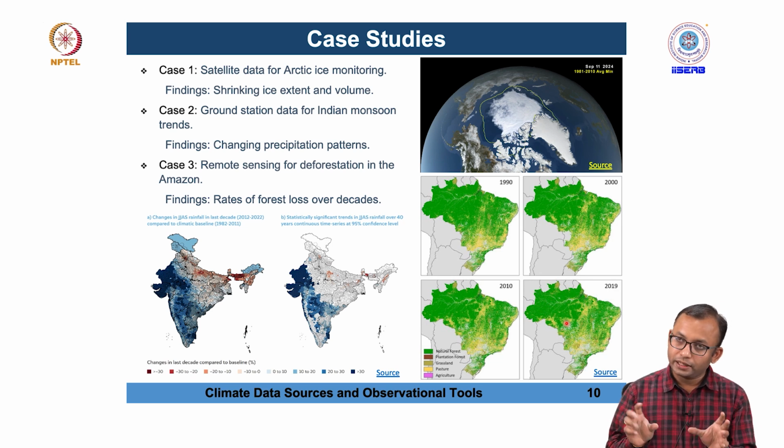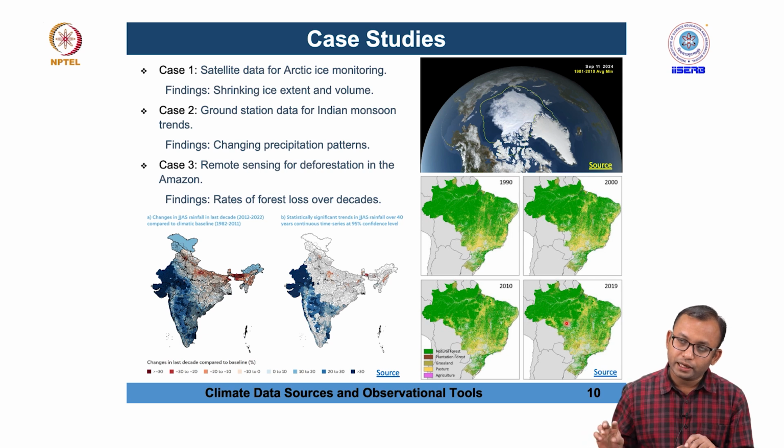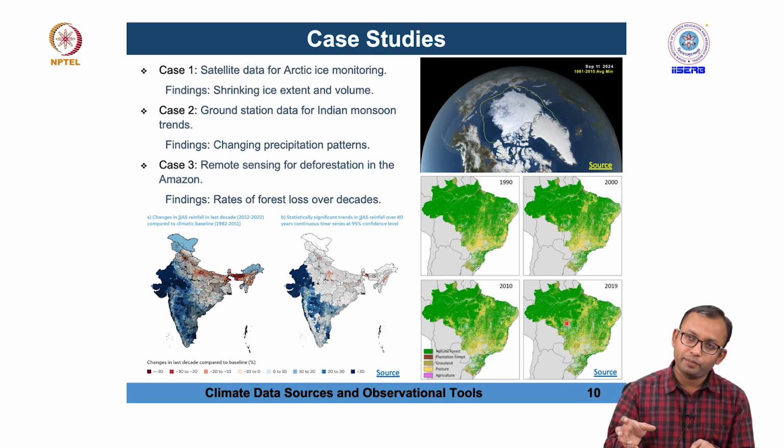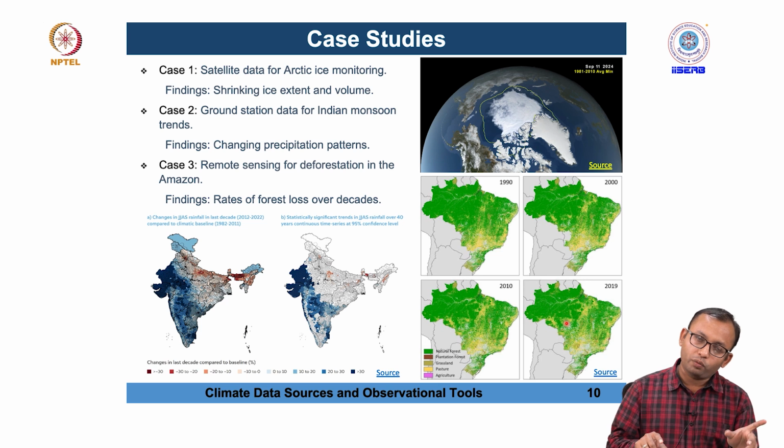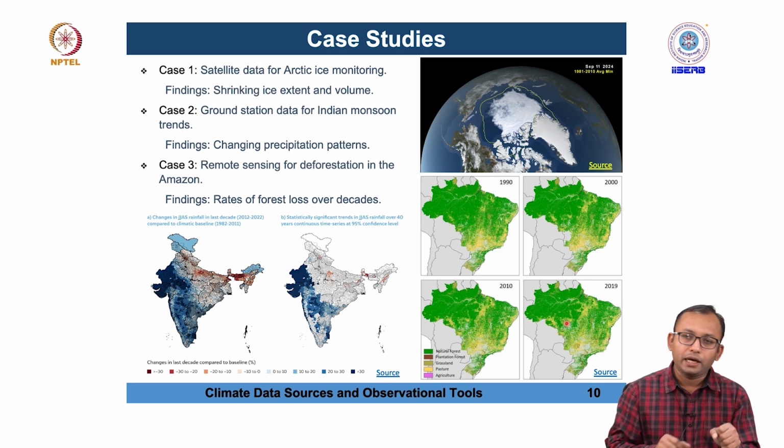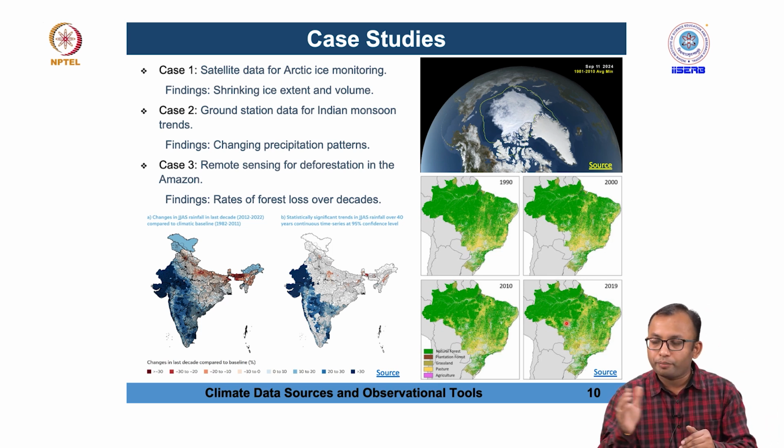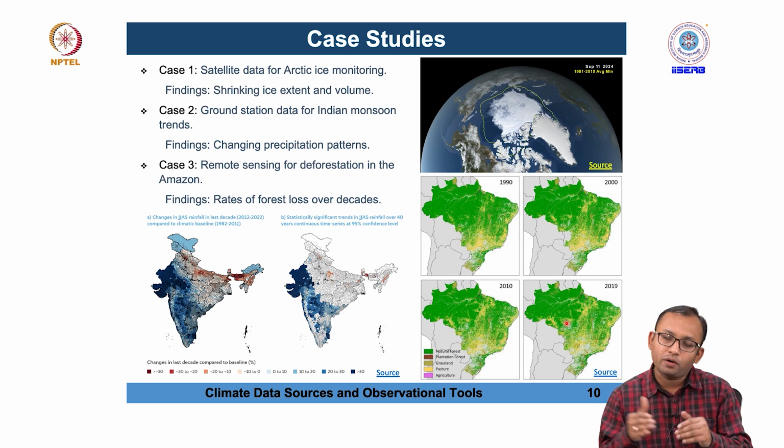So these case studies give an idea that different types of data sets can give us more detailed information, and this detailed information can be used in process response modeling, so that we can understand, let us say, if heat waves are occurring, what would be the impact on vegetation. If floods are occurring more, what is the impact on urban areas or urban settlements.